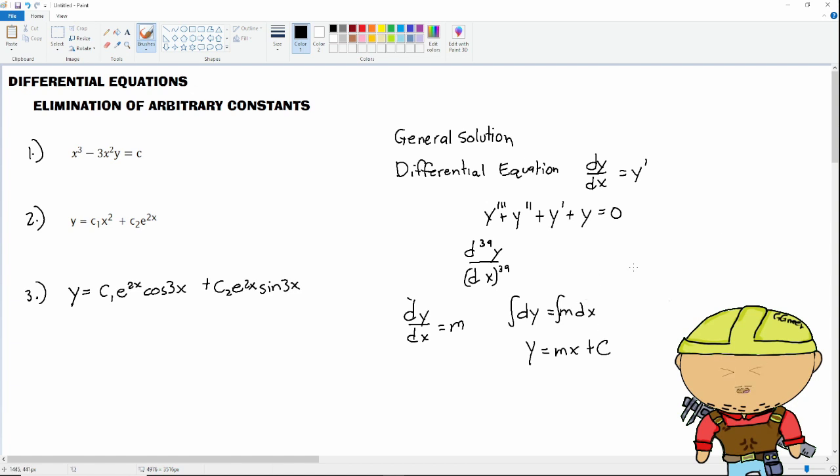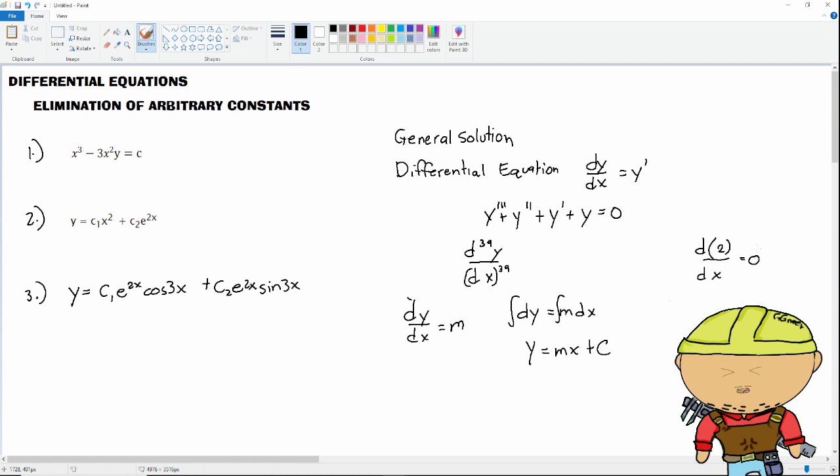Vice versa, when we differentiate any constant, c is what we call an arbitrary constant. When we differentiate any constant, for example 2, with respect to dx, it will become 0. So c represents constants or values that, when differentiated, disappear from the differential equation.